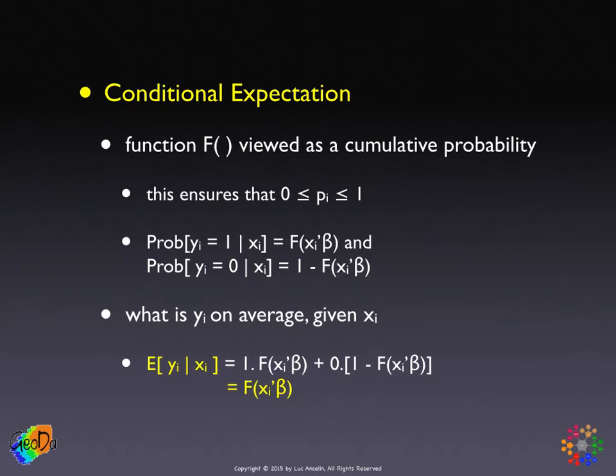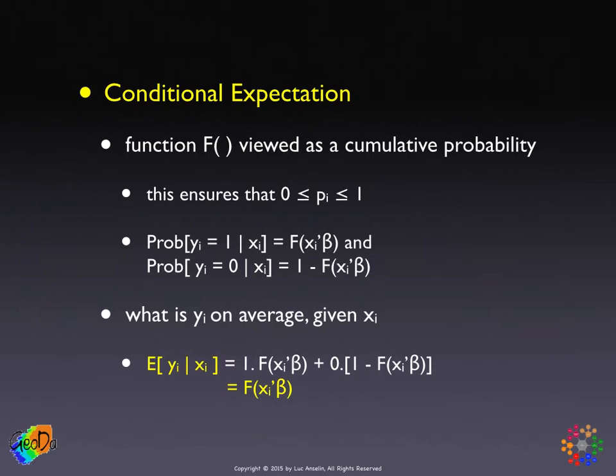But what we're interested in, as I mentioned in a regression context, is the conditional expectation of y sub i given x i. And as it turns out, because of some simple math, that conditional expectation is also f of x i beta.